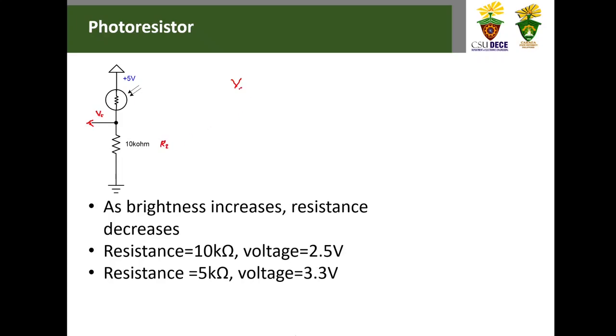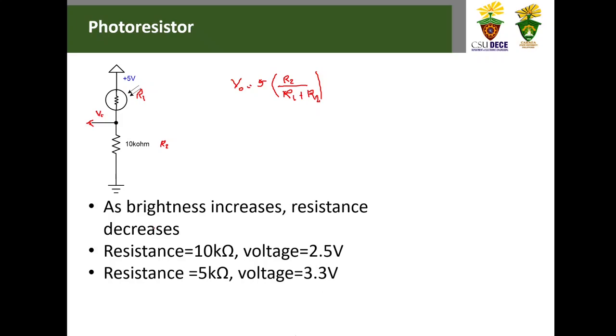So computing V out is this one: V out equals 5 times R2 over R1 plus R2, and this one, let's say, is R1.